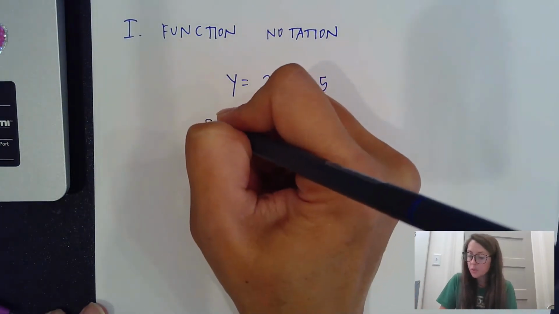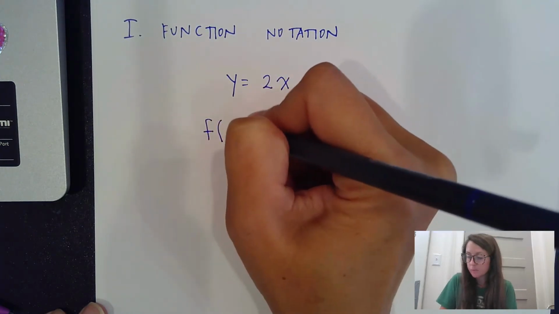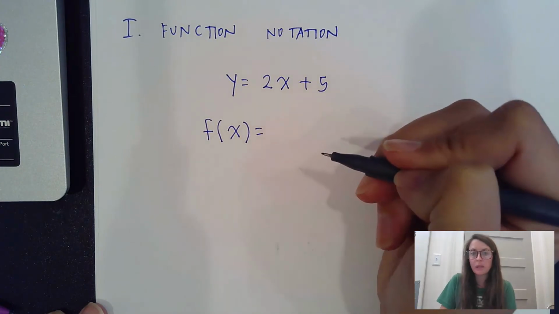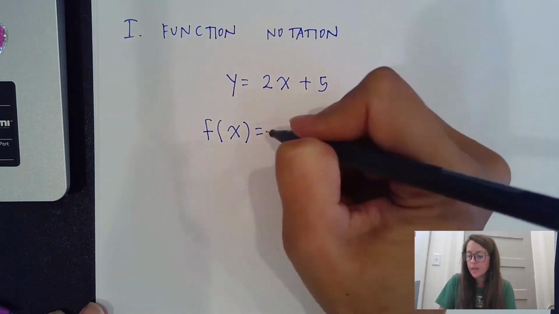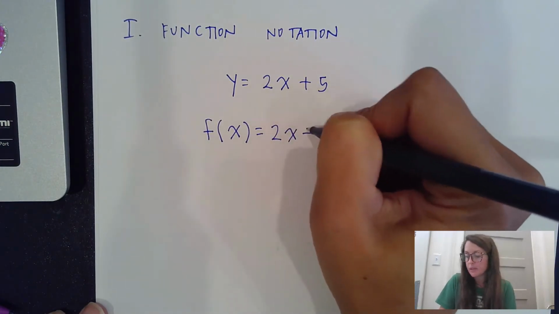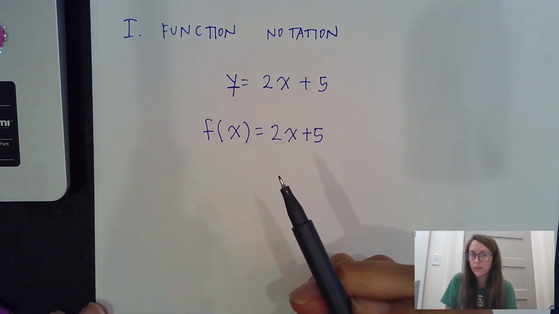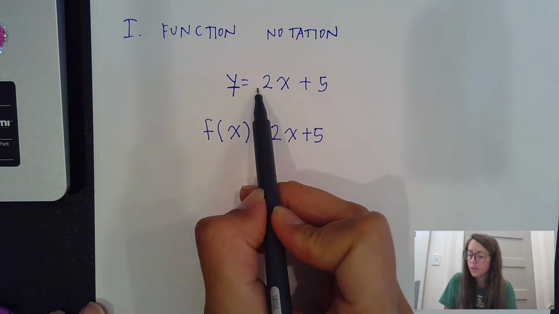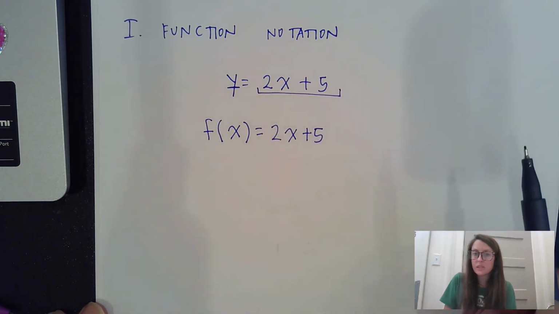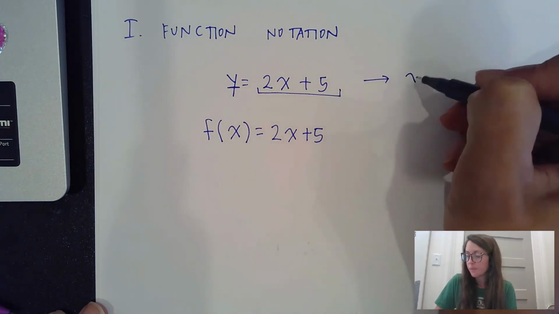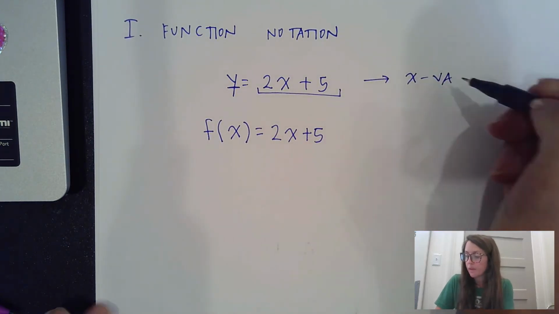So what we can do is change that y to be labeled f of x, because that tells me I've isolated for y here, and over on my left side are all the x variables.